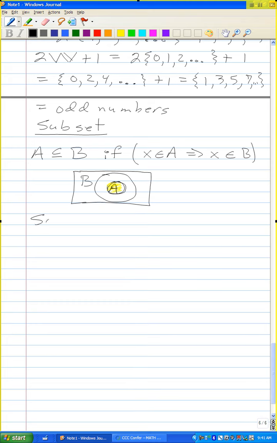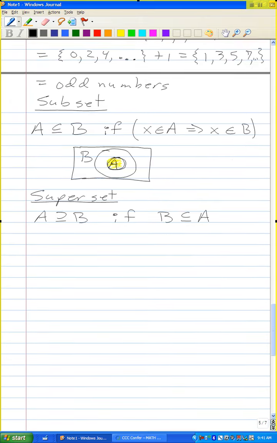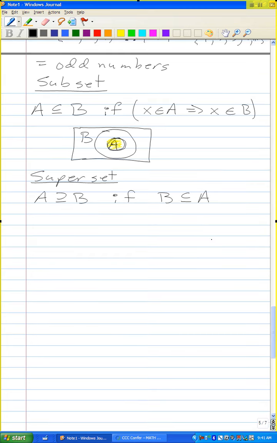Superset. A is a superset of B if B is a subset of A. Equality.